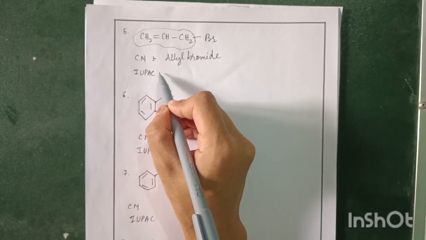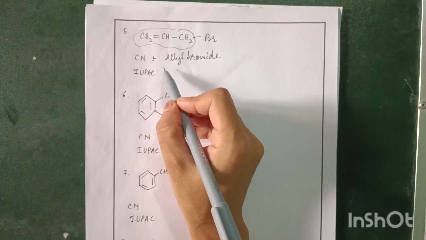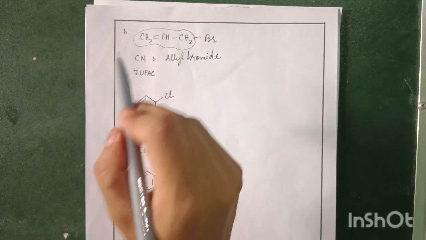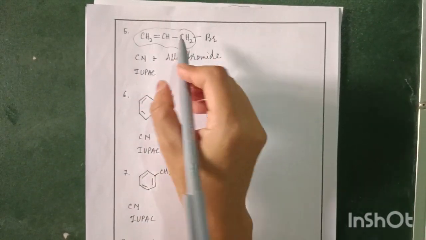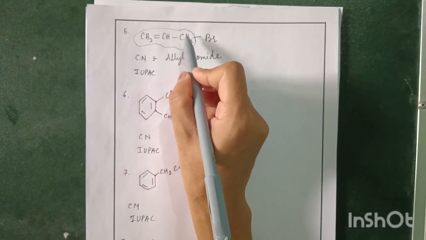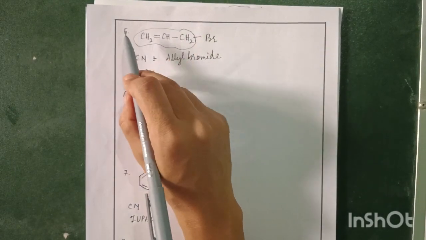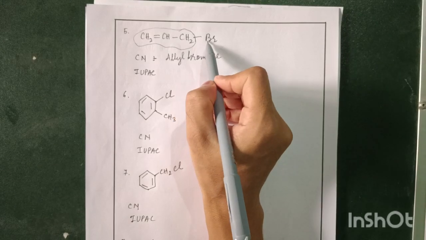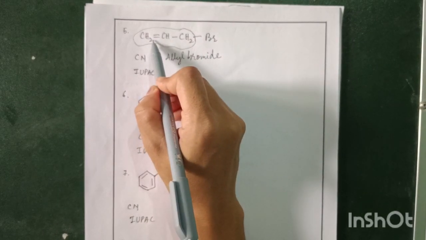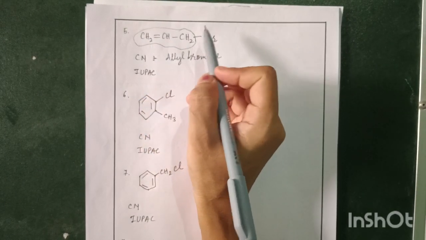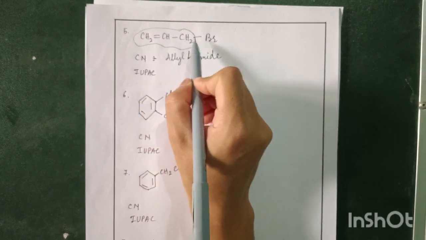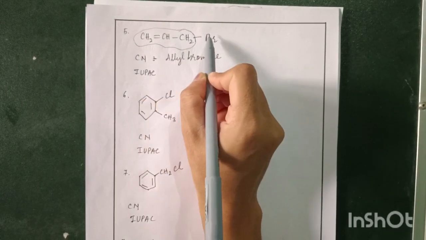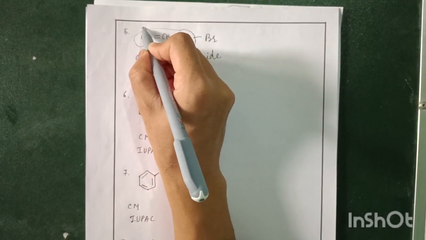Now when we go for the IUPAC name, we have to select the chain and number the carbon chain. Our chain is this, so now it goes for numbering. We can number from this side or from that side, but it should be correct. There is a functional group here, and there is also a double bond here. Which one is more prior? You have to remember that between the double bond and the Br functional group, we will give more preference to the double bond.